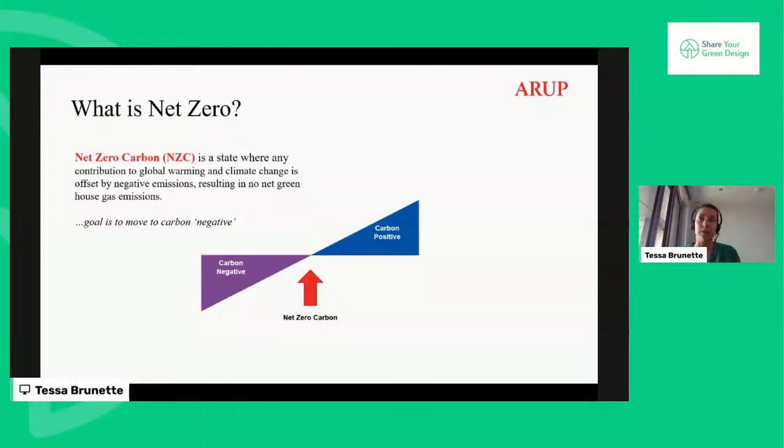And in the built environment, what that means is that we reach the net zero state when all of the materials and all of the operational carbon that is produced during a building's life cycle is offset or is low enough that it reaches the net zero state.